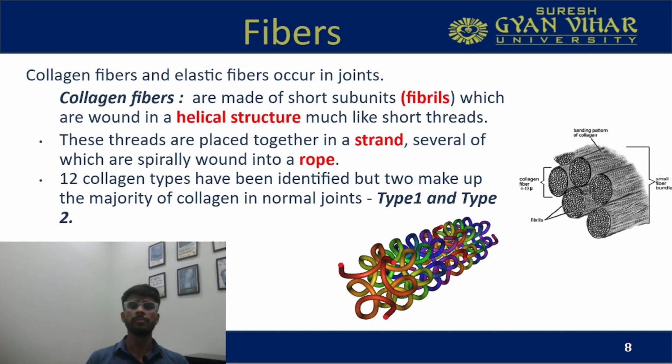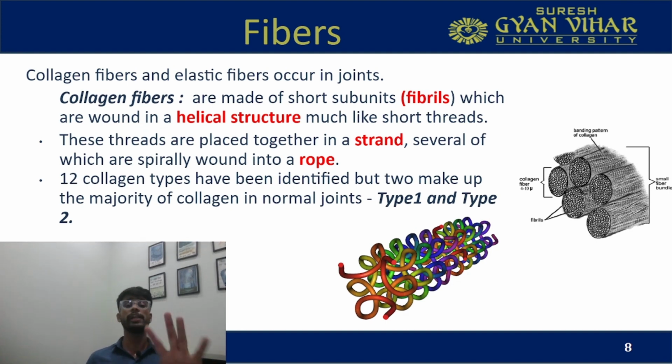These threads are placed together and form a strand, and then this strand composes into a rope which forms a fiber. So first there is a fibril which comes into a helical structure, they form the thread, then threads combine to form a strand, and this strand combines to form a rope.